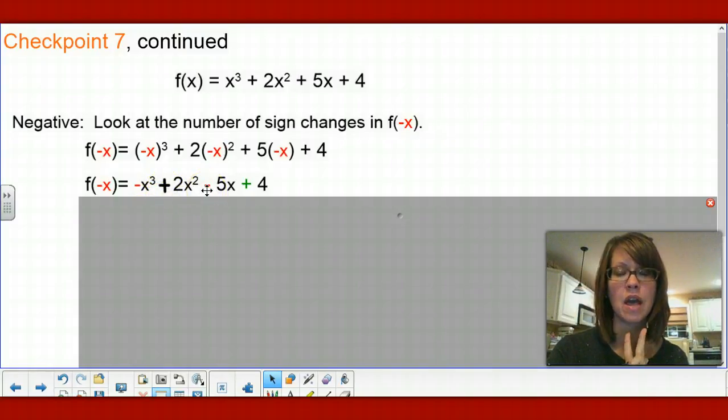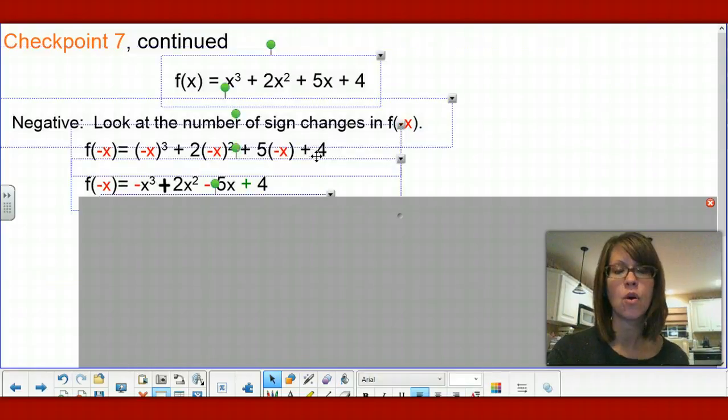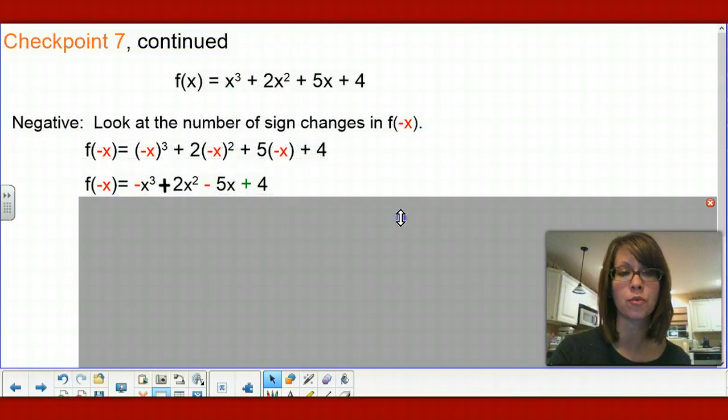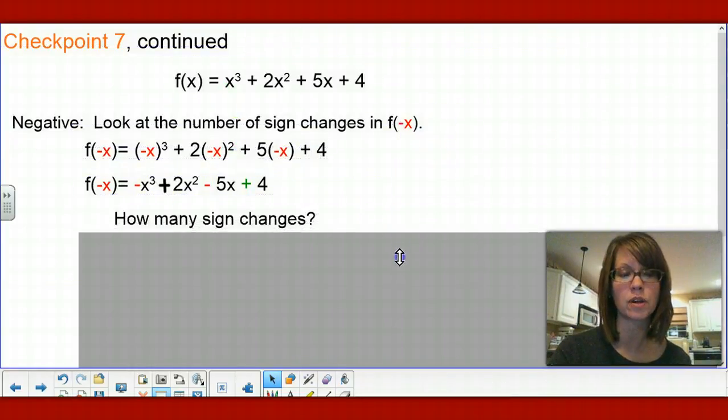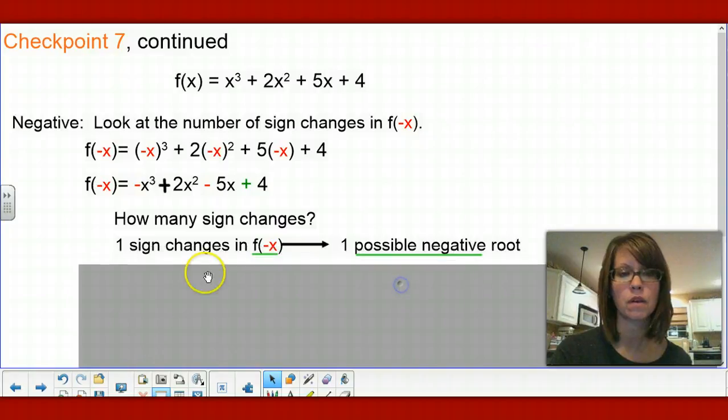There's 2. And then it goes positive. There's 3. So the number of sign changes we have in f of negative x is 3. What that means is that we have 3. I'm going to have to change what I have written here. We had 3 sign changes.